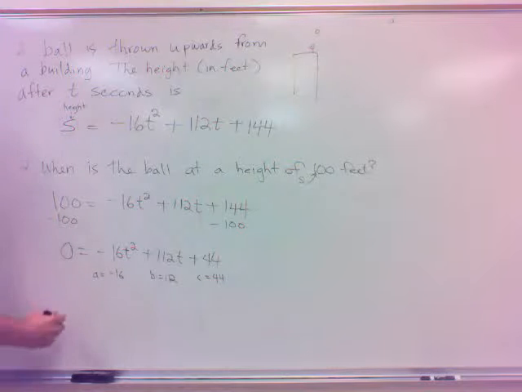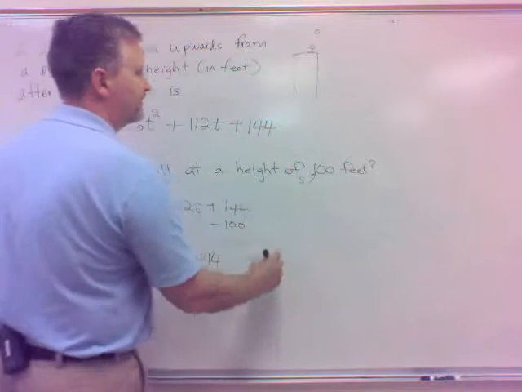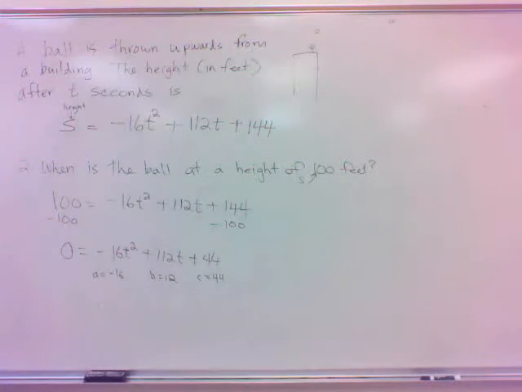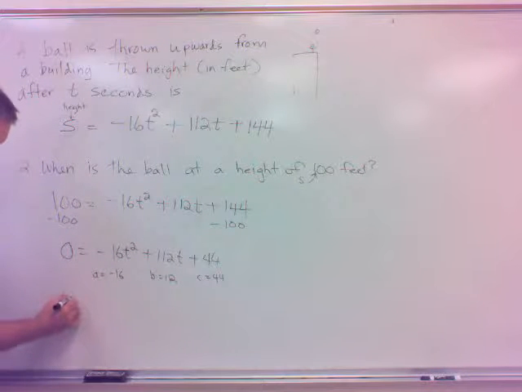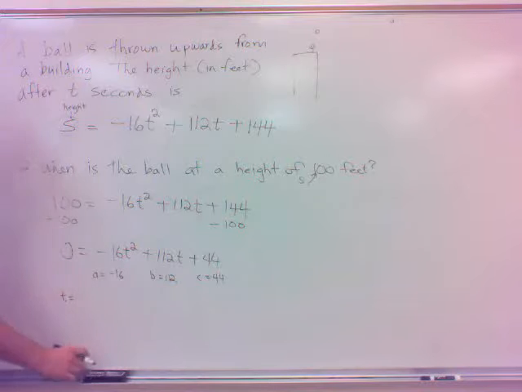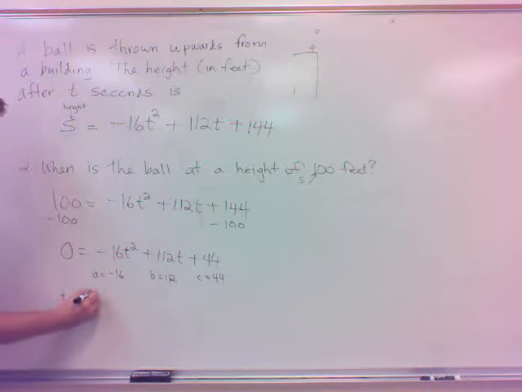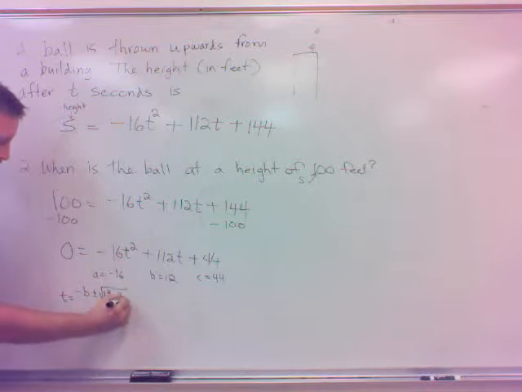Just do that. Start us off here. And we know the quadratic formula. And I'm going to need more space. All right, so the quadratic formula tells me the time, t instead of my x, is going to be minus b plus or minus the square root of b squared minus 4ac all over 2a.